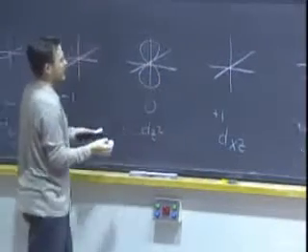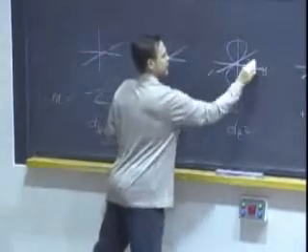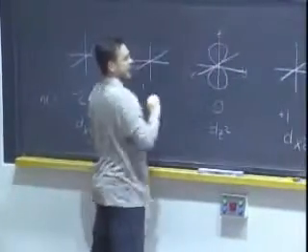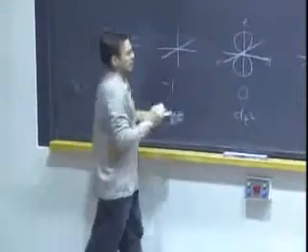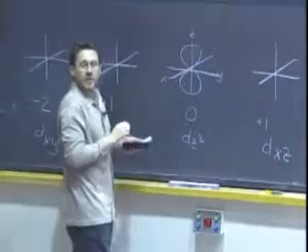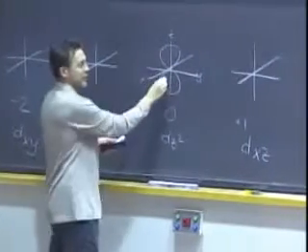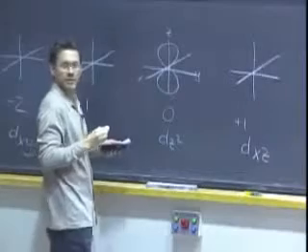What it has, these are the x, let's say y and z axes here, is it has a positive lobe along both plus and minus z. So it looks like a p orbital so far, except that we have the same sign both in plus and minus z.